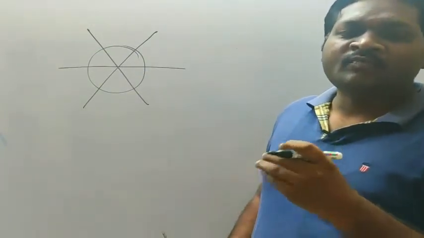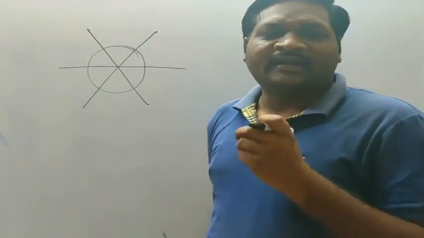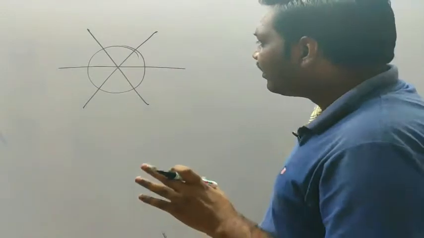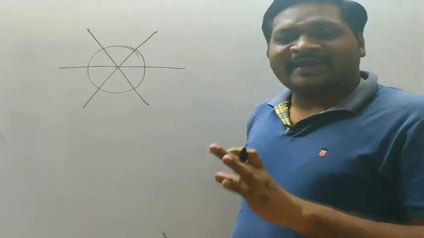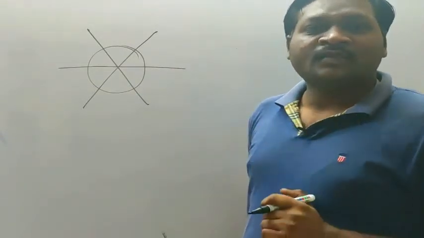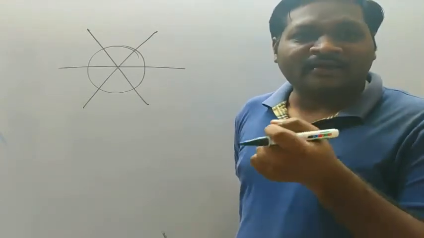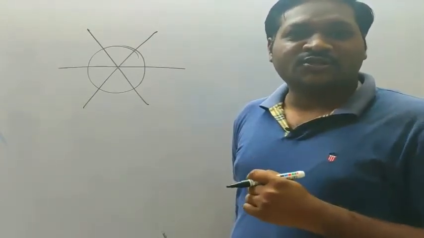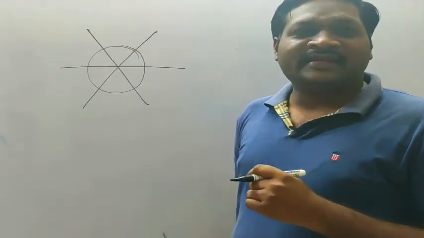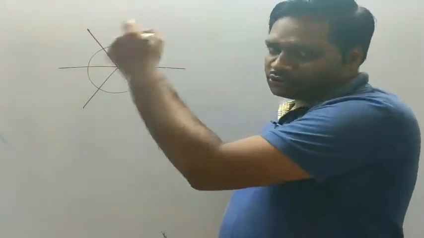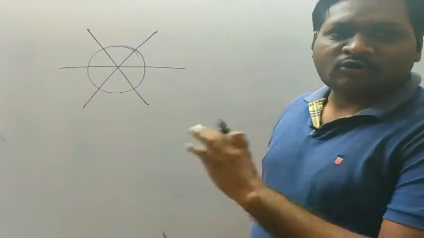In radial symmetry, three different types were there: tetramerous, pentamerous and hexamerous. Tetramerous in coelenterates like jellyfish, pentamerous in echinoderms like starfish, and hexamerous in sea cucumber, or even the sea walnut, that is, the comb jellies.